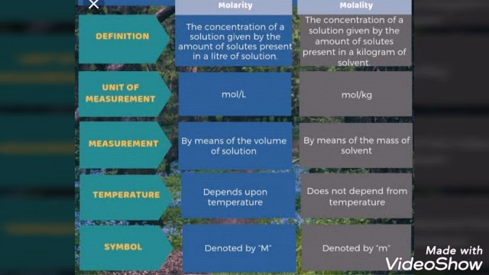You can go through these differences also. Especially focus on the temperature and symbols, units, and definitions you have already done in many slides, but please go through the temperature point, that molarity depends upon temperature, but molality does not depend upon temperature.